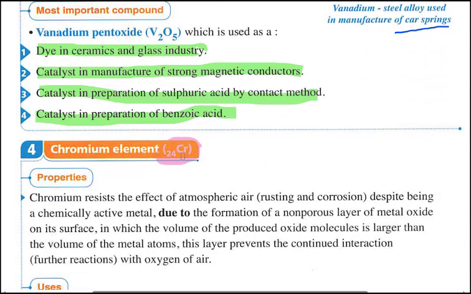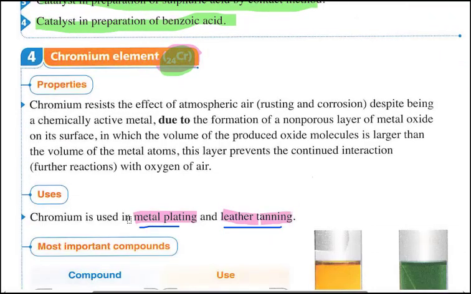Okay, chromium 24 is a very active element. It is characterized by passivity. It is used mainly in metal plating and leather tanning. If it is said in the exam that this metal is used in metal plating and leather tanning, it is 100% chromium.